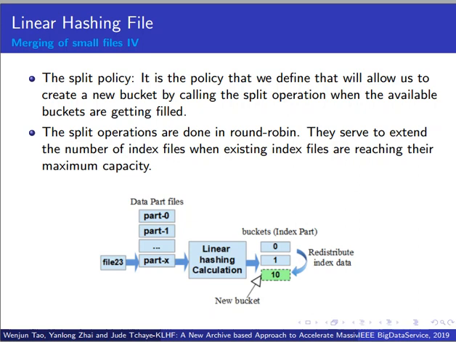They serve to extend the number of index files when existing index files are reaching their maximum capacity. For example, in this picture, there are two buckets at the beginning. Now we will add a new bucket.